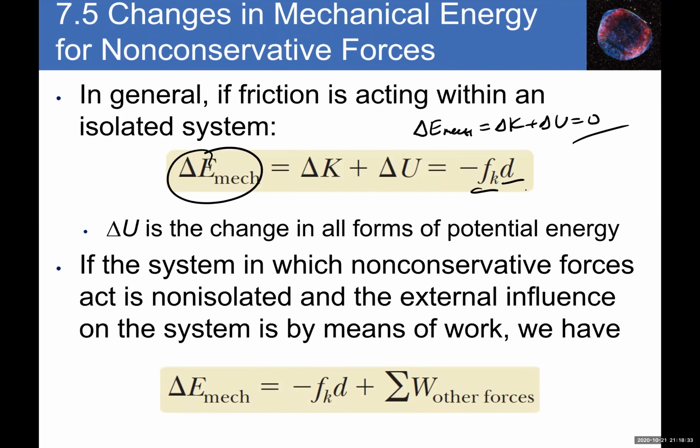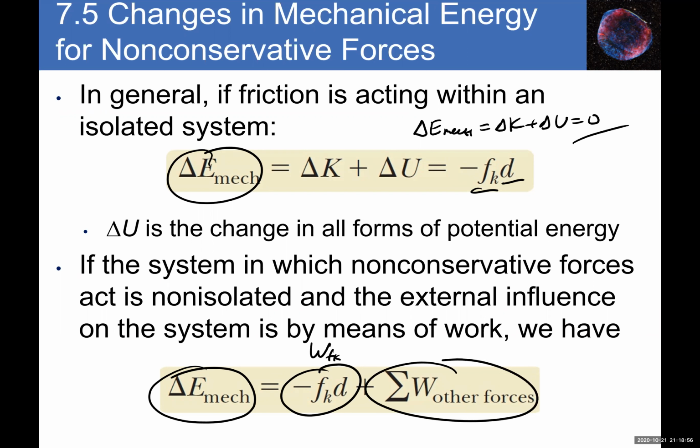So delta U is the change in all forms of potential energies: gravitational, spring, and things like that. And if the system in which non-conservative forces act is non-isolated, and the external influence on the system is by means of work, then we have the change in mechanical energy equals the work done by friction plus the work done by other non-conservative forces.